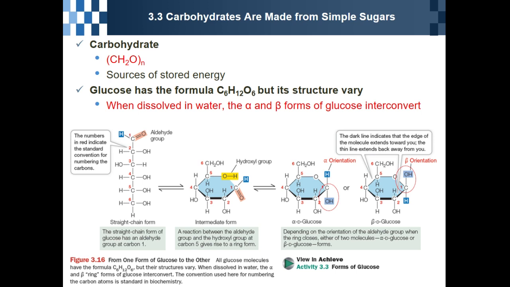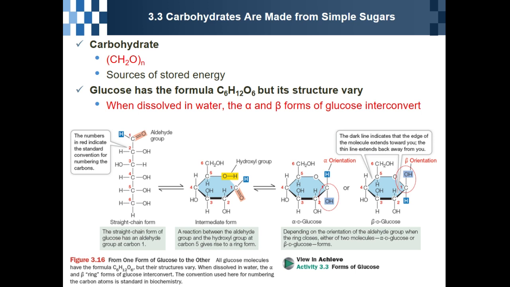If this OH group goes upward, we call it beta orientation. When dissolved in water, the alpha and beta forms of glucose can interconvert.